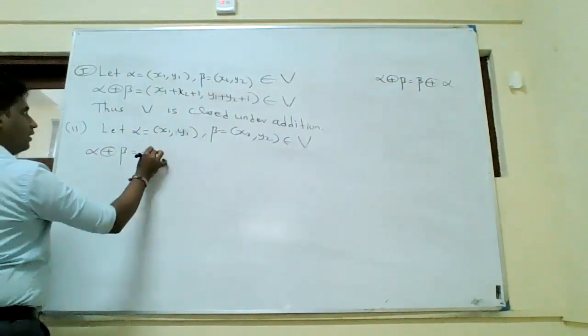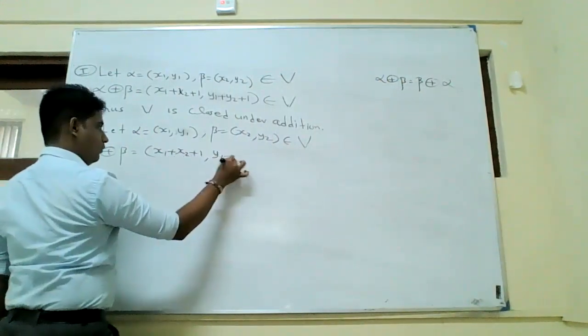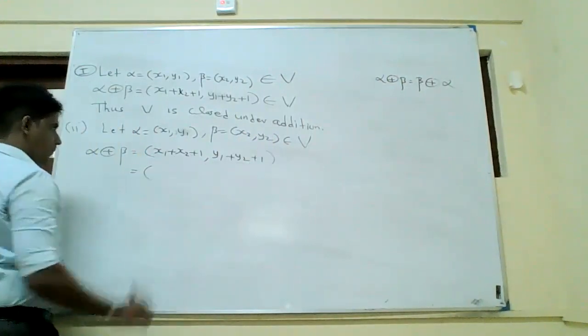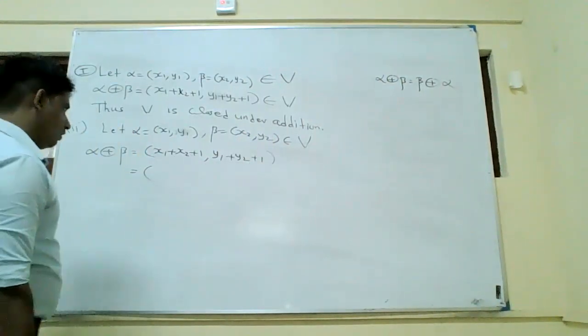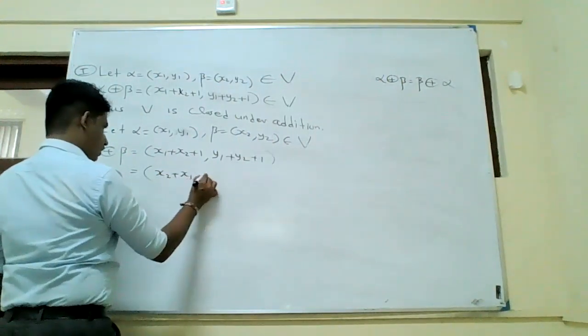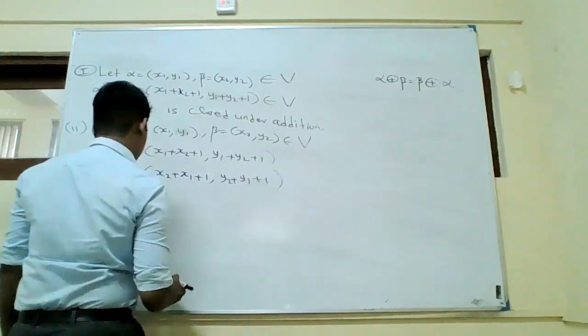So (x1 plus x2 plus 1, y1 plus y2 plus 1). In the real numbers, addition is commutative, so we write (x2 plus x1 plus 1, y2 plus y1 plus 1).